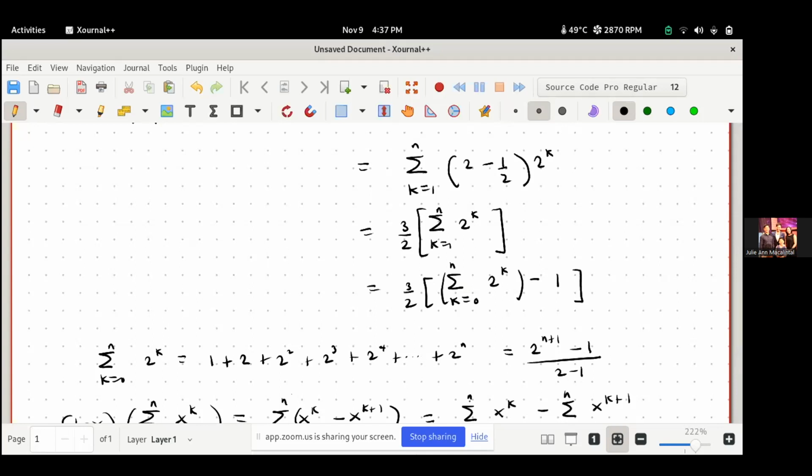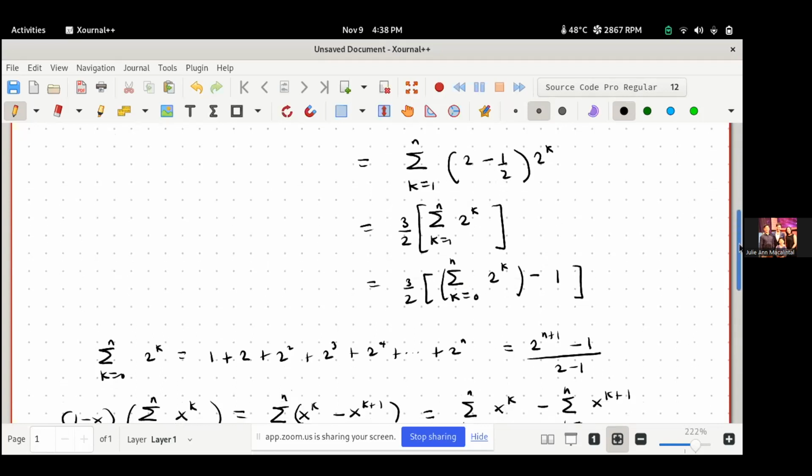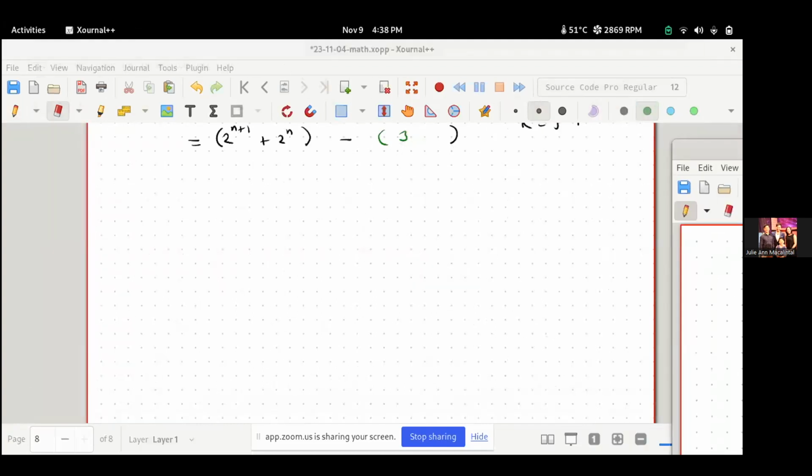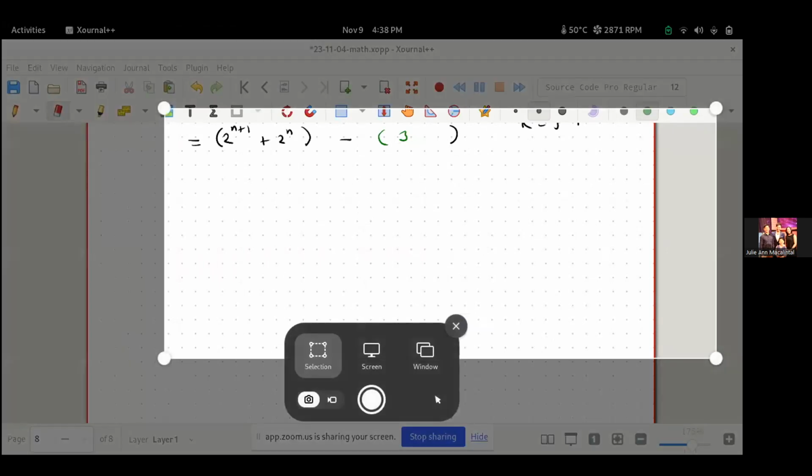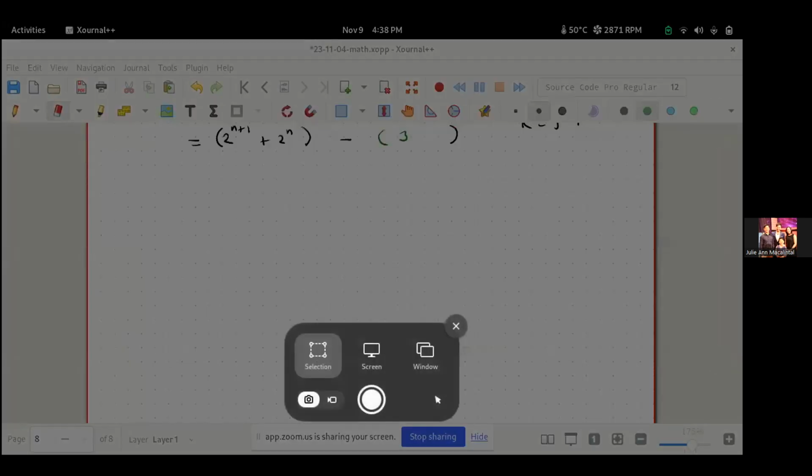And then, plug in natin dito. Teka, i-screenshot ko lang para kaya mong tingnan yung whole page kung gusto mong tingnan.